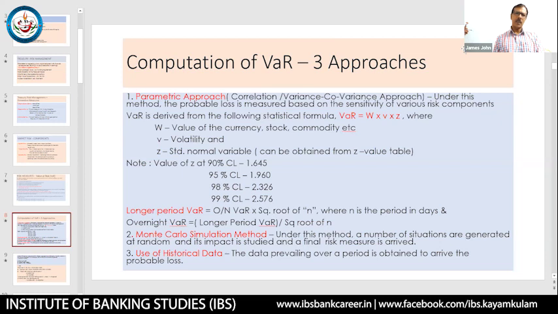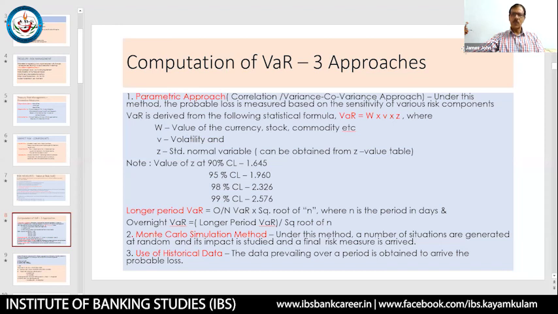Another formula is here. The next is longer period VAR. That means you will be given the overnight VAR, and you are asked to find the 1 week VAR, or the VAR for 30 days or 2 months. The formula is: longer period VAR equals overnight VAR into square root of N, where N is the period in days.